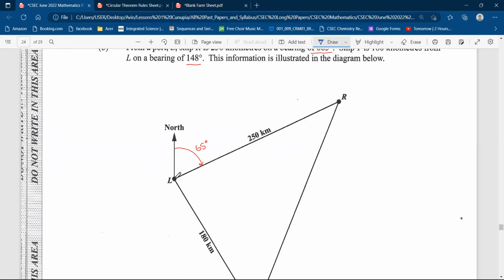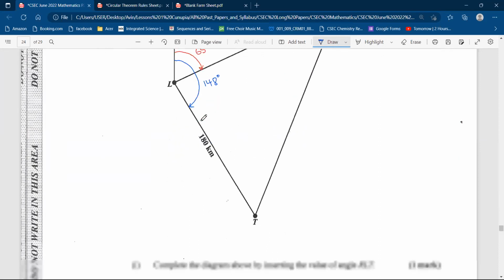The second ship has to start from the north line and begin to turn until it begins to sail in this particular direction. That blue angle was 148 degrees, so I color coded it. So that's the diagram.